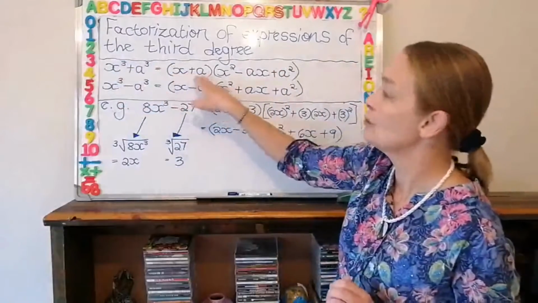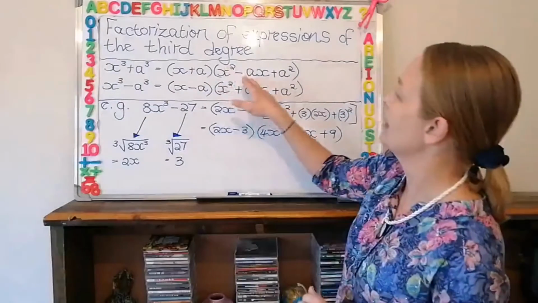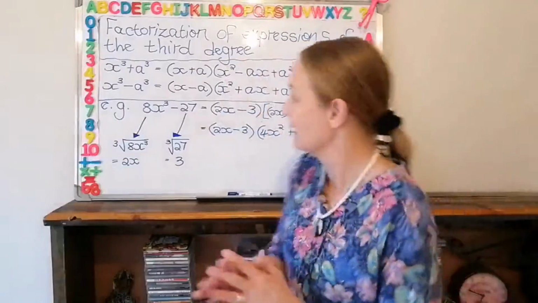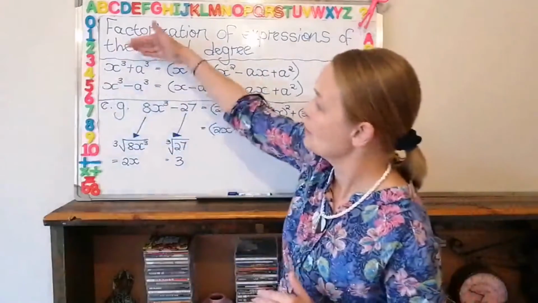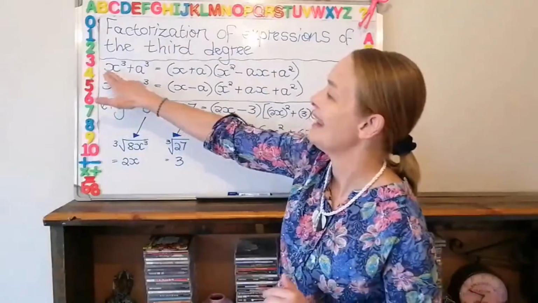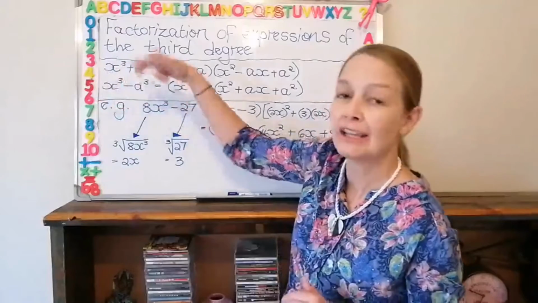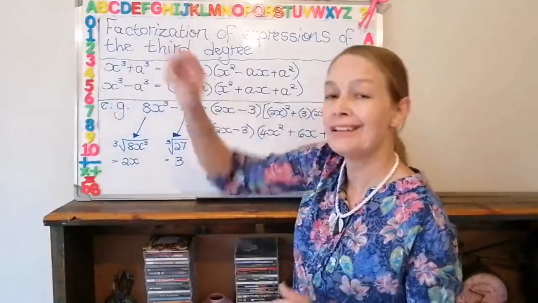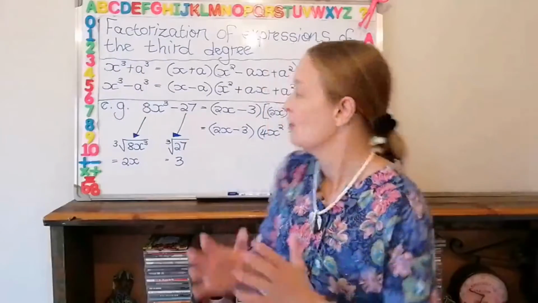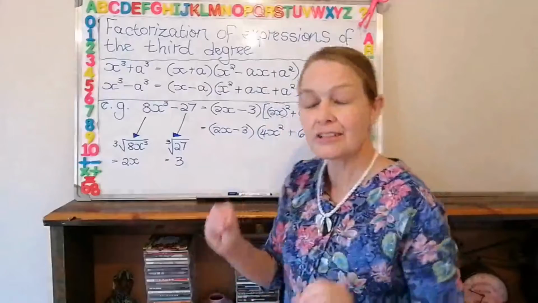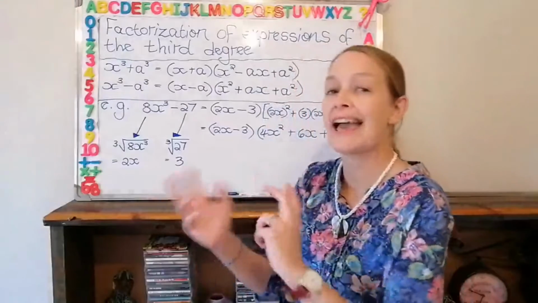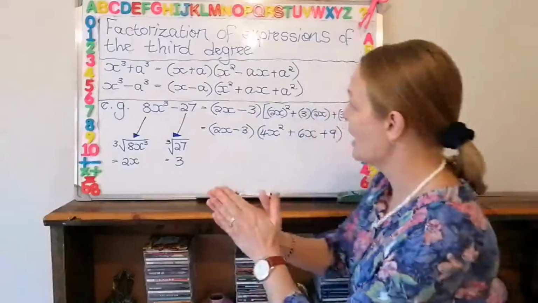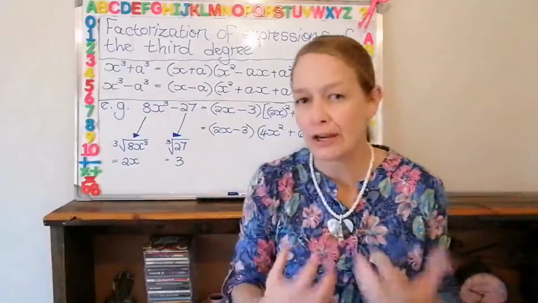One bracket with two terms in it, and then a second bracket which will have three terms. So we will get an option in this case of either x to the power 3 plus a to the power 3, or x to the power 3 minus a to the power 3. The signs in this case are important because they have an influence later on when we get to the second bracket. So let's look at the general method.